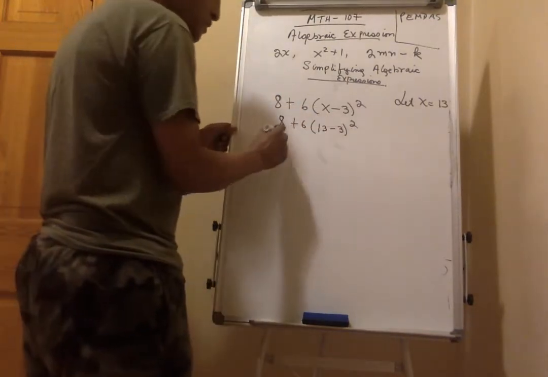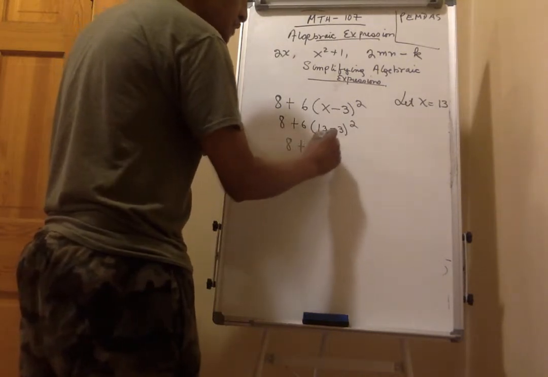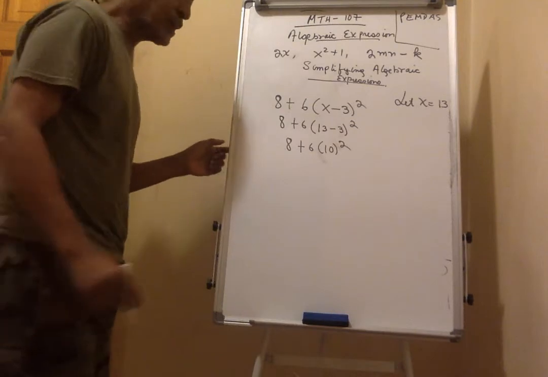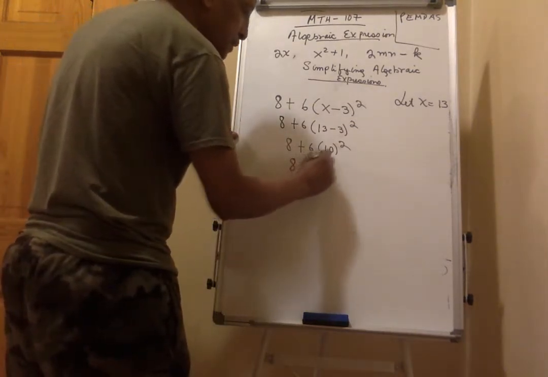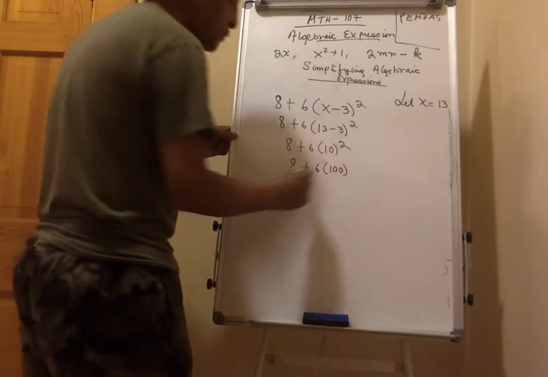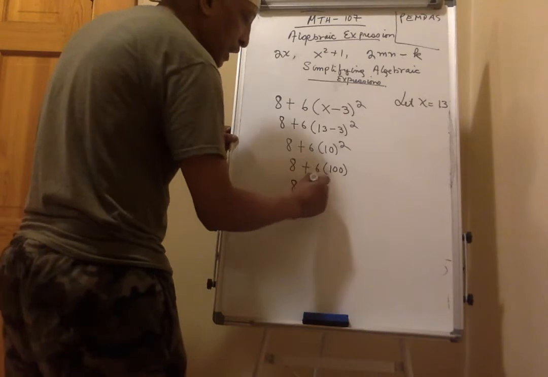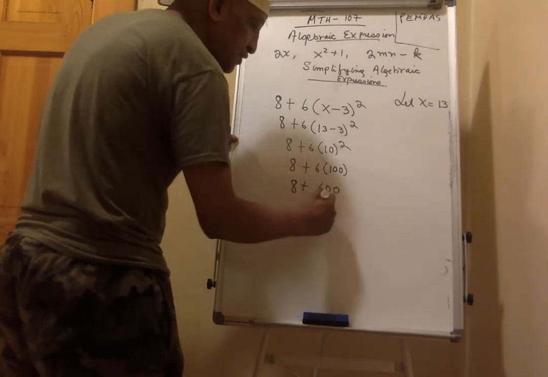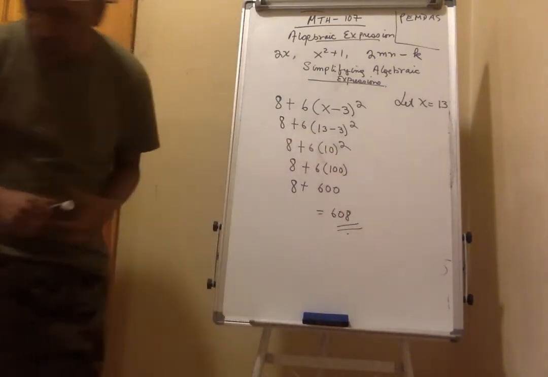Then go ahead and simplify the one inside the parentheses, which is 10 squared, because 13 minus 3 is 10. Then go ahead and square 10, which is 100. And now you are going to multiply 6 by 100, 600, then you end up with 608. Okay?